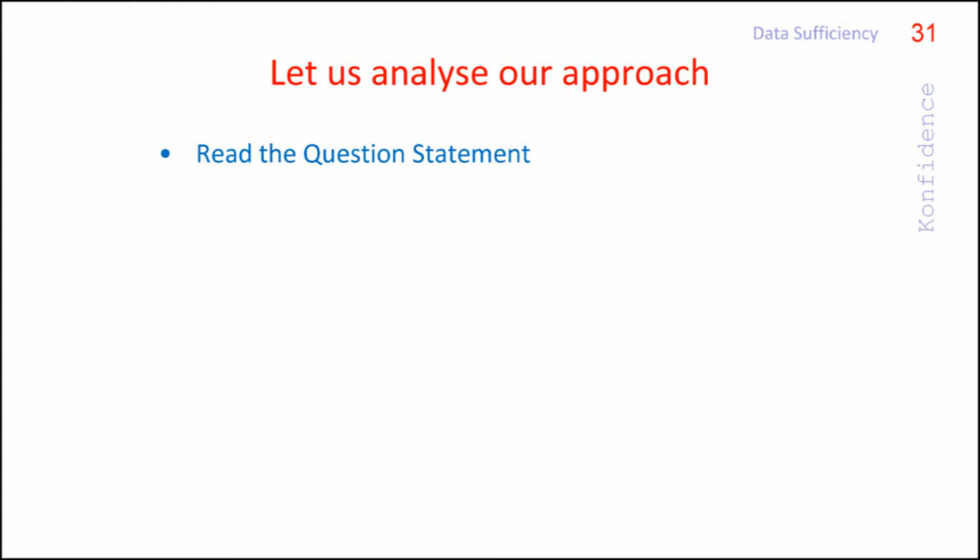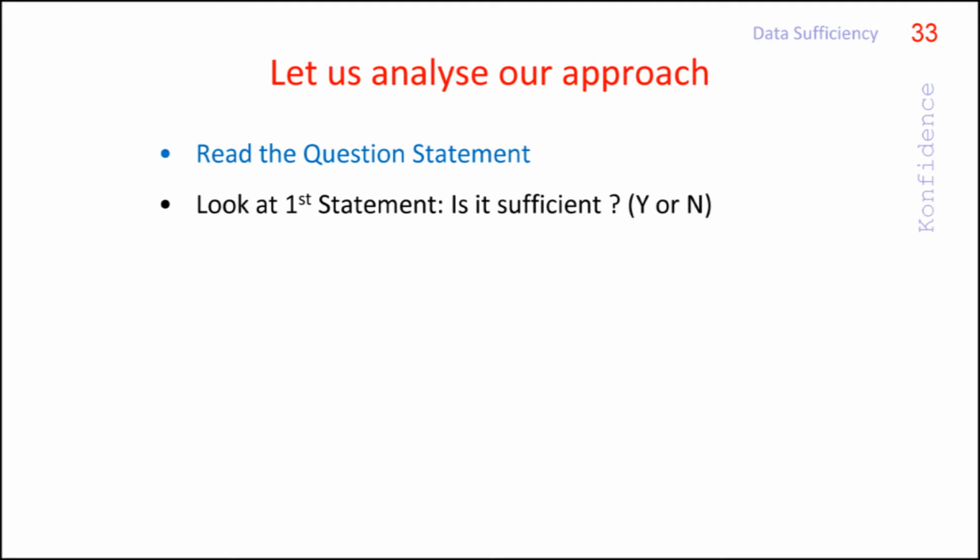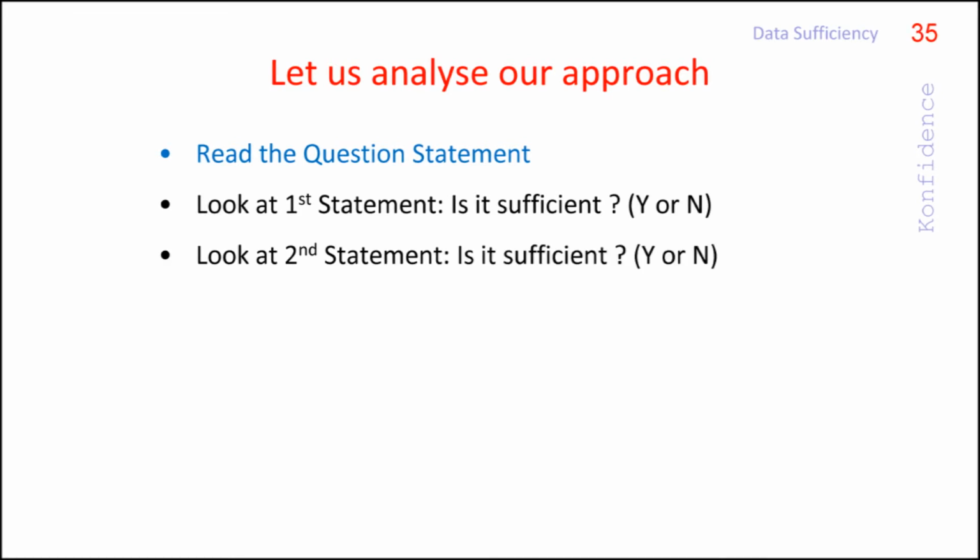Look at the way in which we will try and answer the question. We will look at the first statement and try to find out if data given in that statement is enough to answer the question. Then, we look at the second statement and find out if data given is enough to answer the question or not. This will be done irrespective of whether you get enough data to answer the question from the first statement.